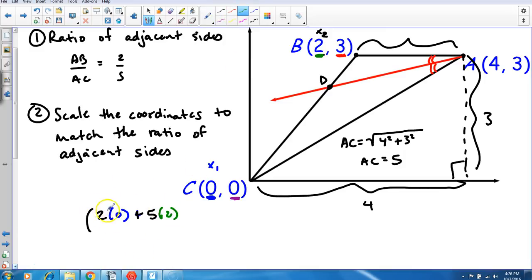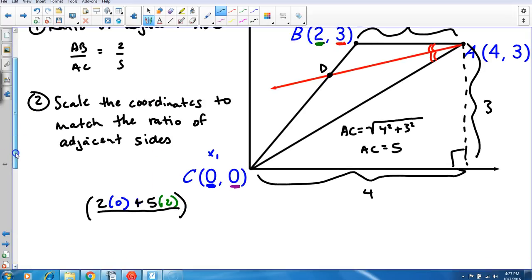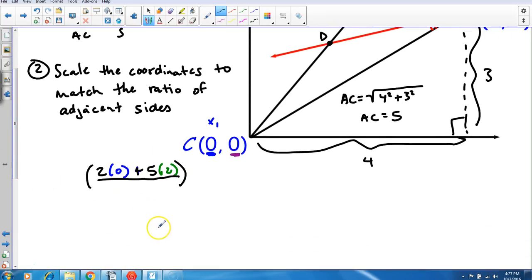So we've got the length of the first side in our ratio times our first x-coordinate, plus the length of the second side in our ratio times the second x-coordinate, and that's going to give us the first portion of what we need. The second portion is we're not dividing by 2 like we usually do with the midpoint formula. In this case, because we want to scale it, we want to divide by the total length of the adjacent sides.